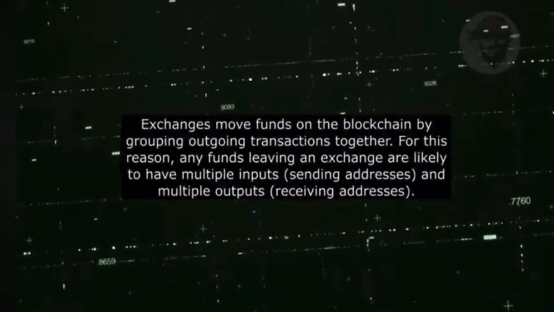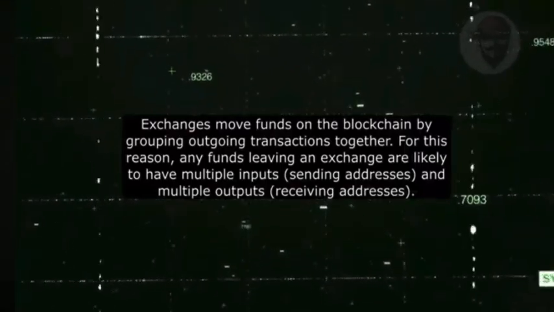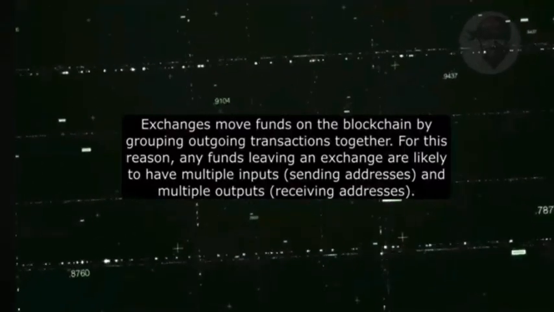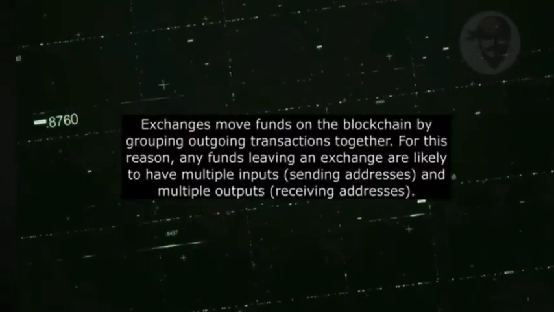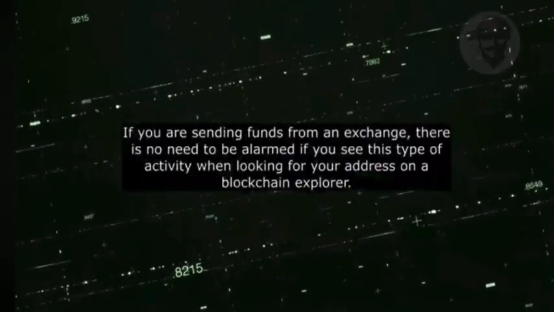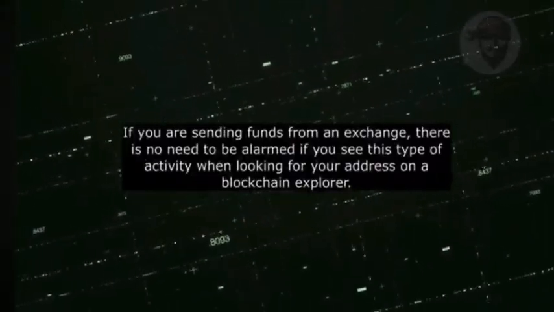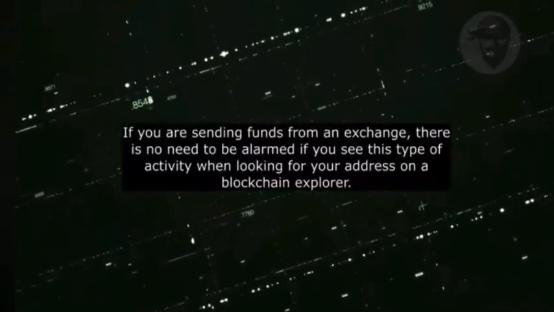Exchanges move funds on the blockchain by grouping outgoing transactions together. For this reason, any funds leaving an exchange are likely to have multiple inputs, sending addresses, and multiple outputs, receiving addresses. If you are sending funds from an exchange, there is no need to be alarmed if you see this type of activity when looking for your address on a Blockchain Explorer.